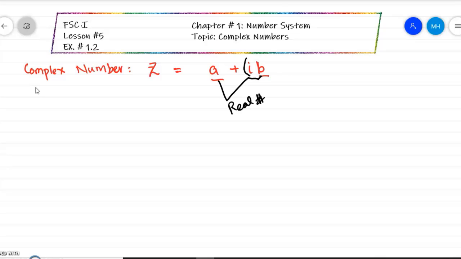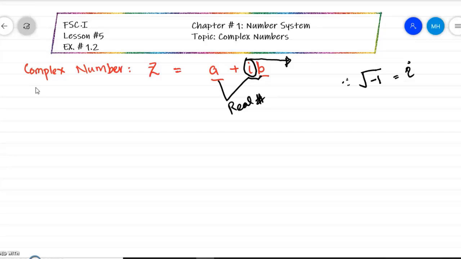The only part unknown to you is iota, which makes the whole number a complex number. Iota comes from the square root: the square root of a negative number gives you iota. So the value of iota is the square root of negative 1.